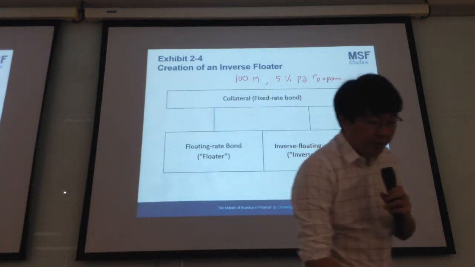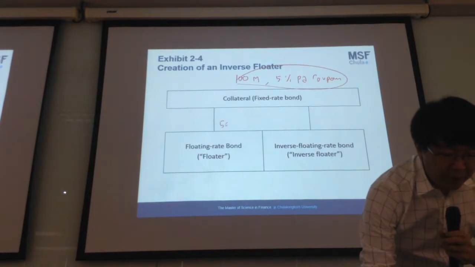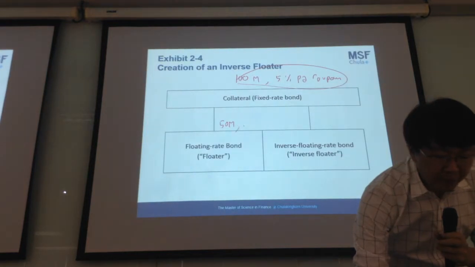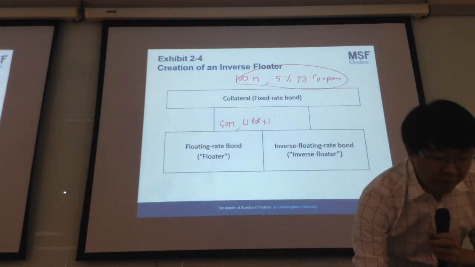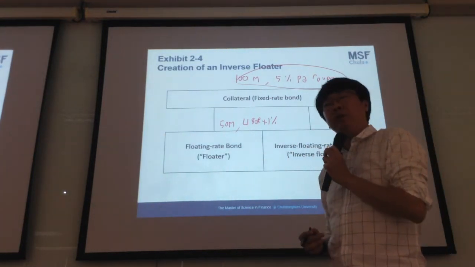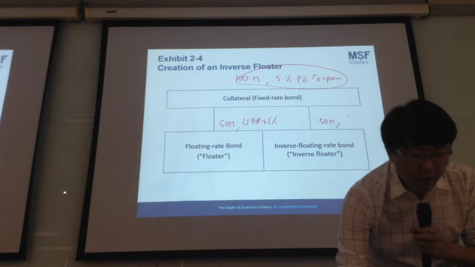Suppose that based on this collateral, the trader issues a 50 million floating rate bond, or floater, that pays floating, LIBOR plus 1%. And the size of the issue is 50 million, suppose. And another 50 million for the inverse floater. And this inverse floater will pay the coupon equal to 9% minus LIBOR.